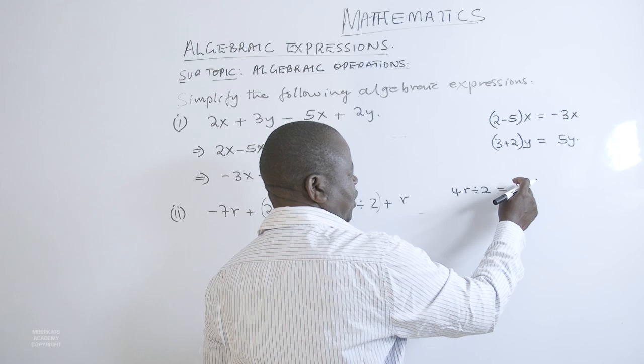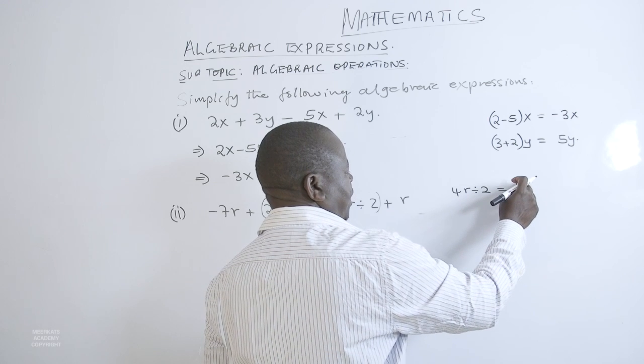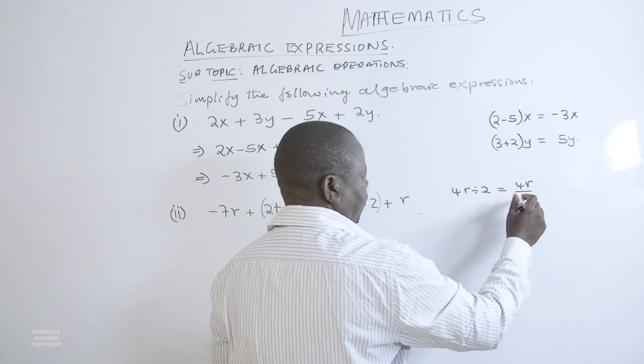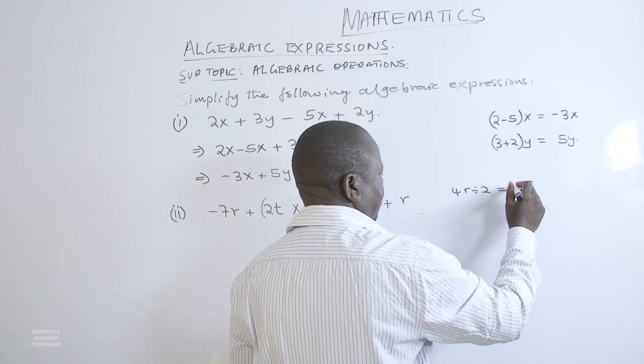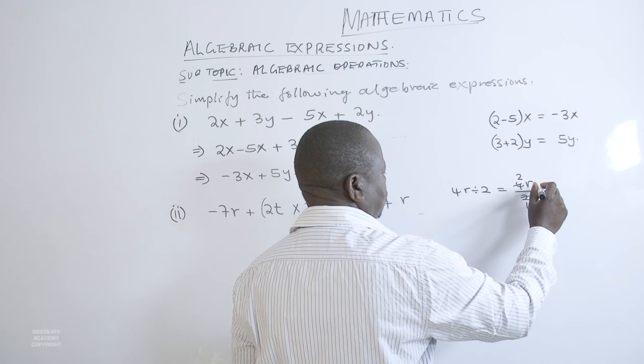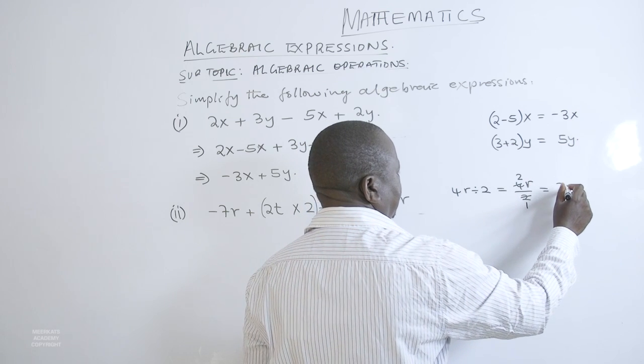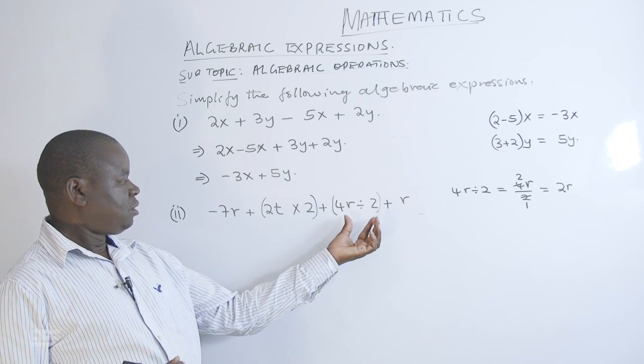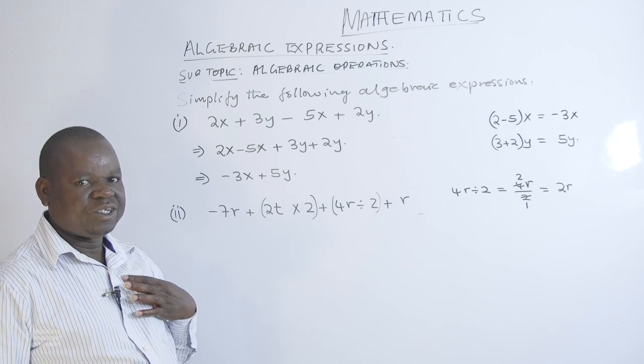So the highest common factor between 4 and 2 is 2 itself. So we divide by 2, we get 1, and by 2 we get 2. So we get 2r. That is that part. So we have simplified that part.